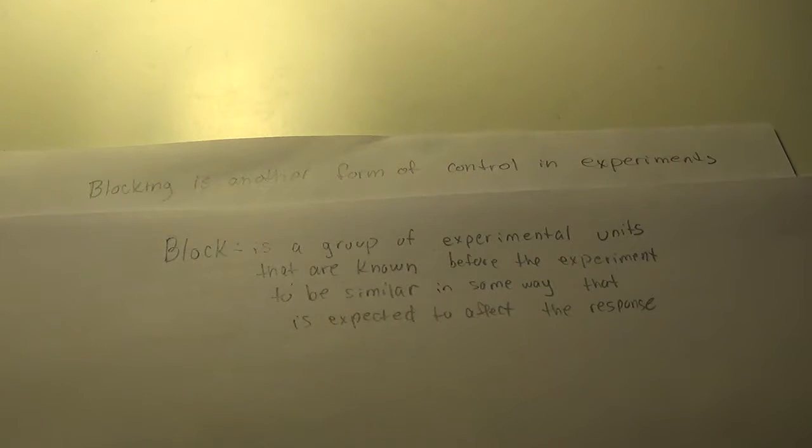Alright, so a block is a group of experimental units that are known before the experiment to be similar in some way that is expected to affect the results. Okay, so response.